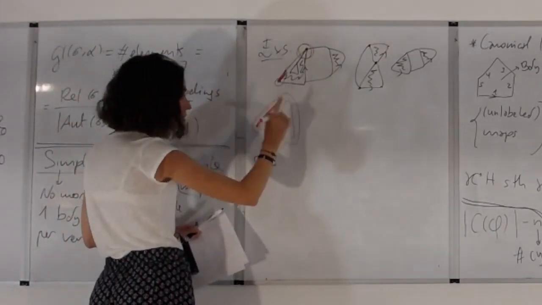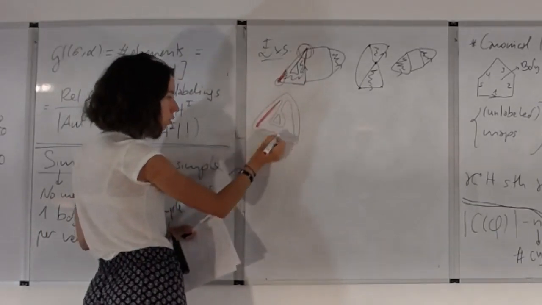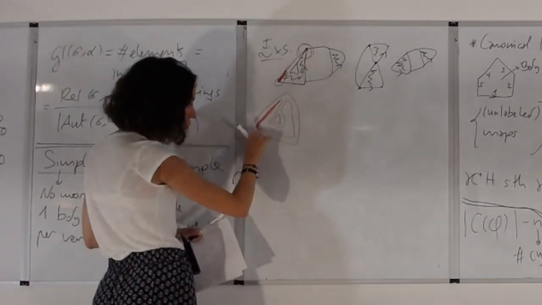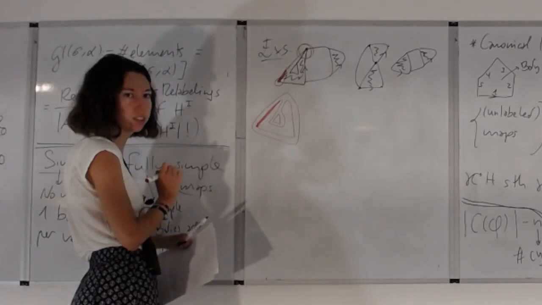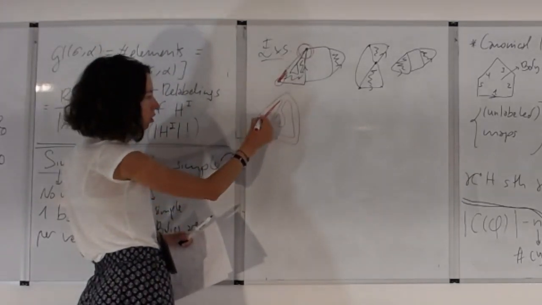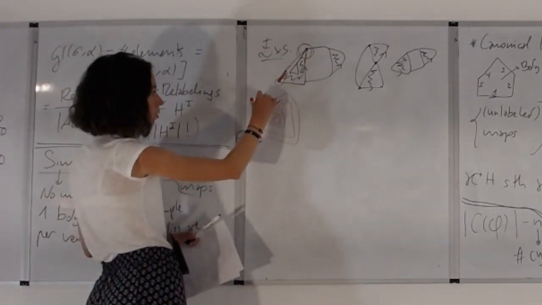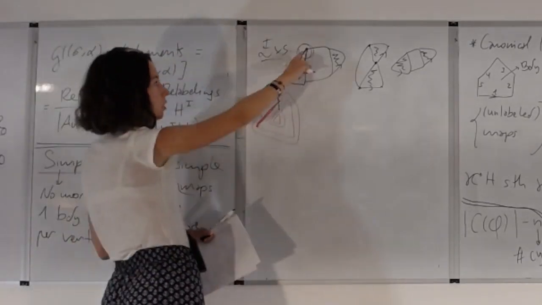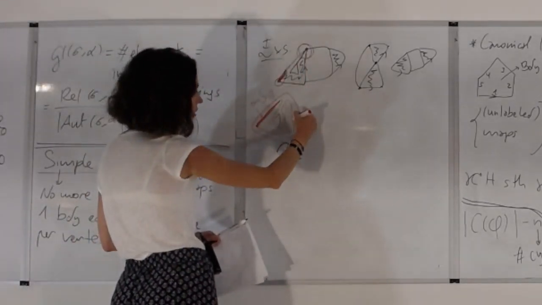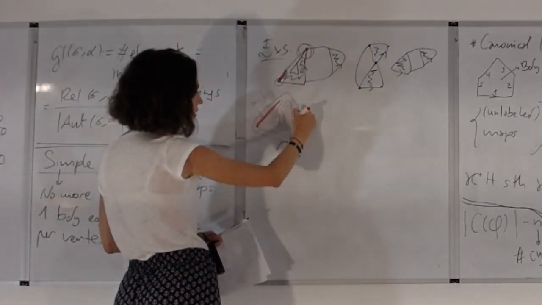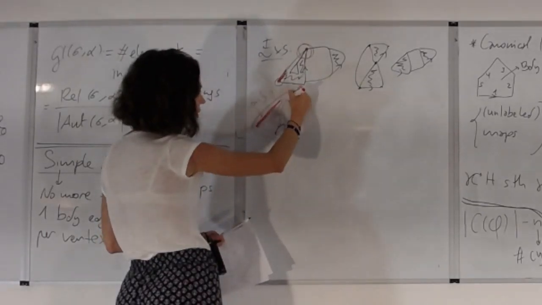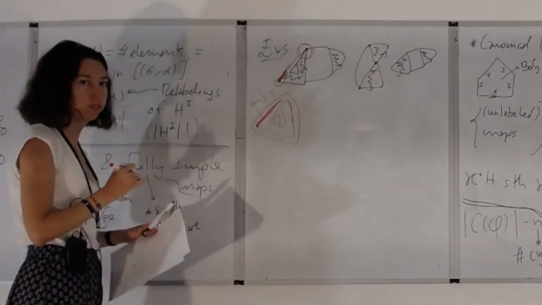So this one belongs to the boundary and to the vertex. This one is outgoing, so it doesn't belong to the vertex. This one belongs to this other vertex. So that's why there is only one. But in here, there are three. There are two, sorry. This one and this one. Okay?